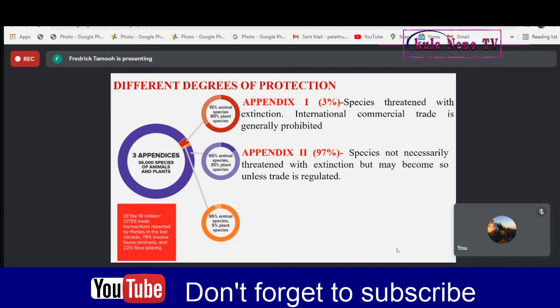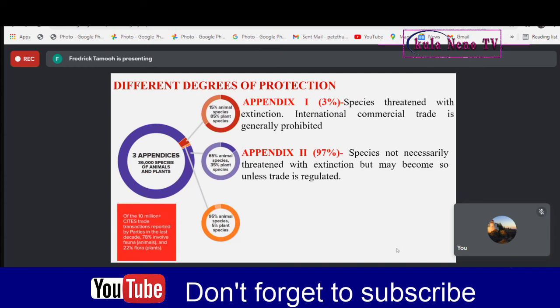They actually allow trading. But in Kenya, we've noticed most of the time that the ivory we have is usually destroyed. The purpose of this is to restrict trade in this kind of species. But some countries allow trade in ivory, and therefore they are given a moratorium.